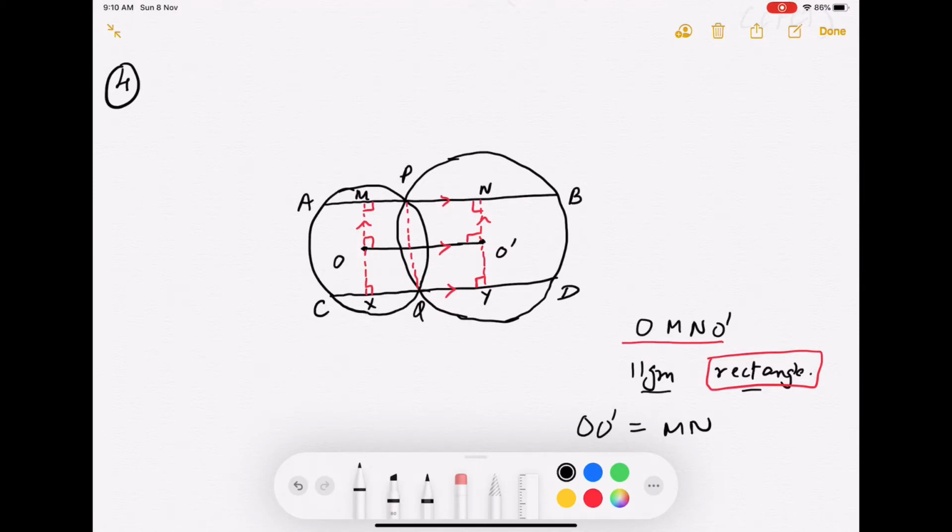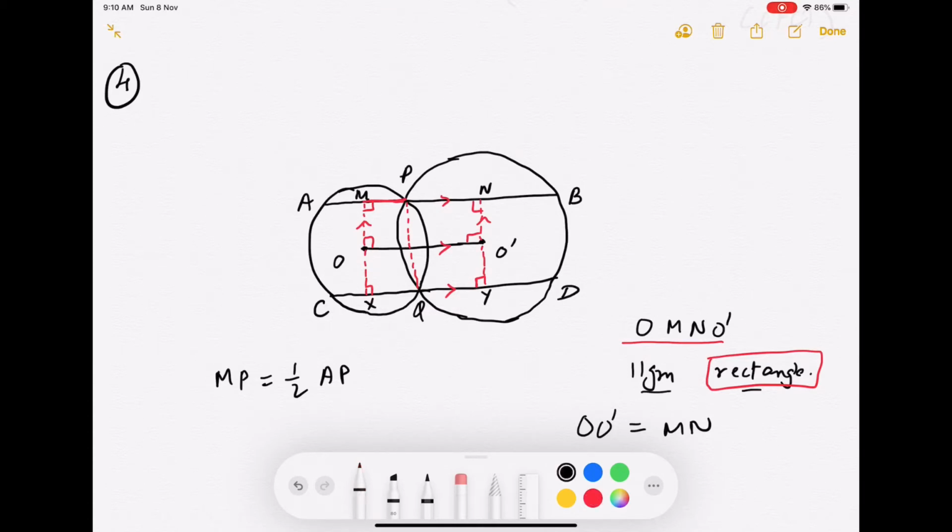So I can say that the part MP is actually half of the larger chord AP, because the line perpendicular from the center to a chord will bisect the chord, right? So that is why the smaller portion MP of the chord AP is actually half of it.